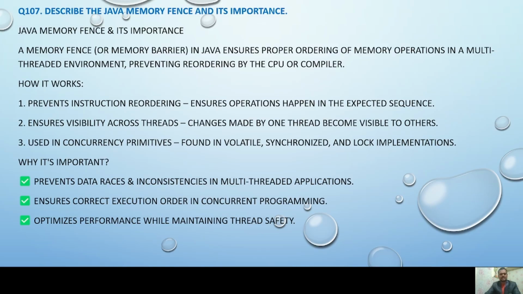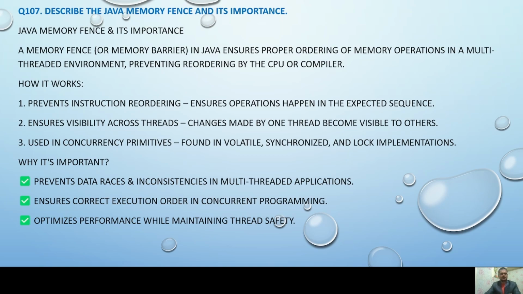Prevents instruction reordering, ensures operations happen in the expected sequence, and ensures visibility across threads. Changes made by one thread become visible to others. Used in concurrency primitives found in volatile, synchronized, and lock implementations.